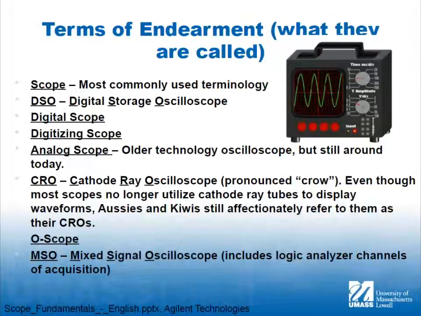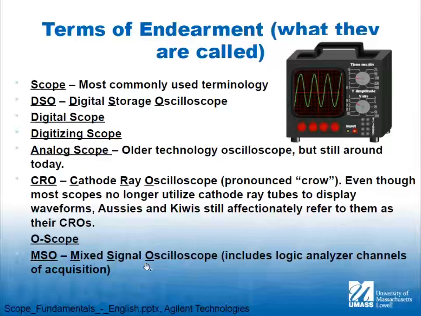So we call this a scope. We're going to call the type of thing that we're using a digital storage scope, because it's taking in samples of the analog data. So it stores the samples. And what we're going to do is have a buffer of these samples. We call it a scope, some people call it an O-scope.